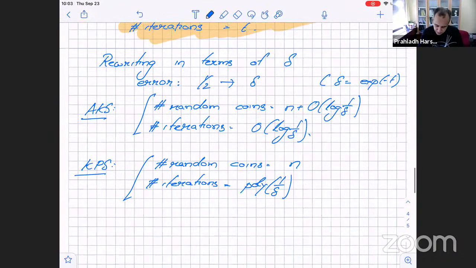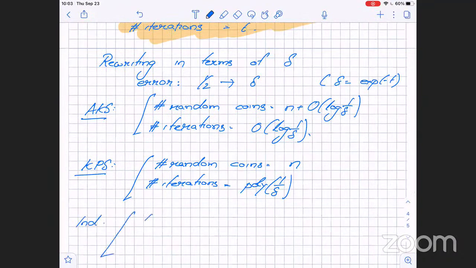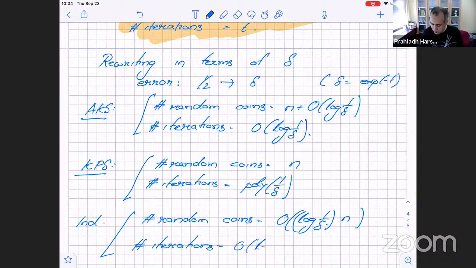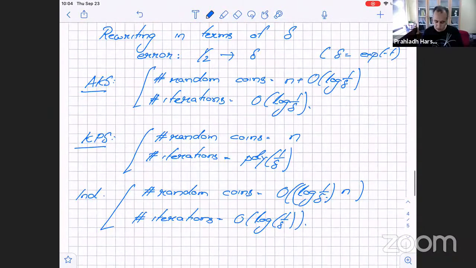And let's even put the completely independent thing: the number of random coins is order log 1 over delta times n, and the number of iterations is order log 1 over delta. So this should compare and contrast the three. KPS and AKS both are good in certain directions.